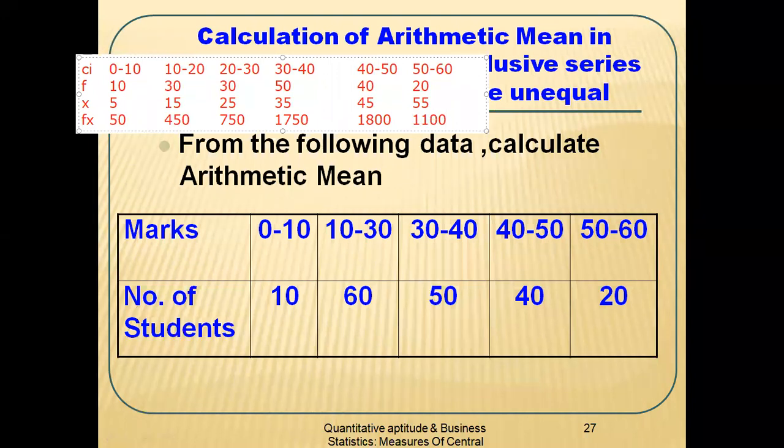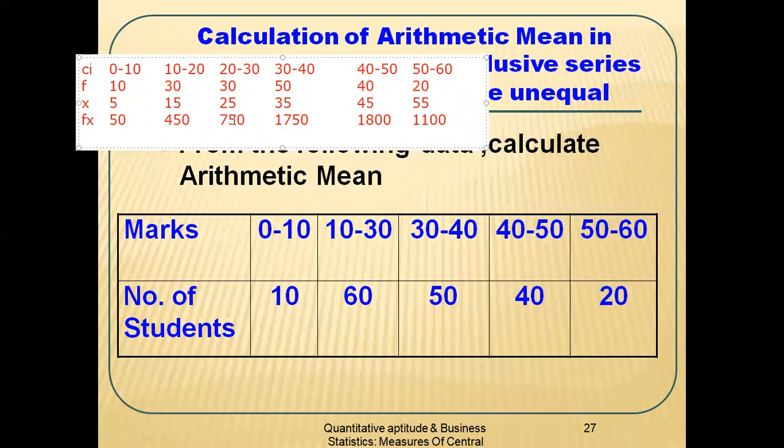Now you got fx. The next step is to add all the values of fx, that is, summation fx is equal to 5900. 5900 is the sum of observations, and for the number of observations, what is the total frequency you have?